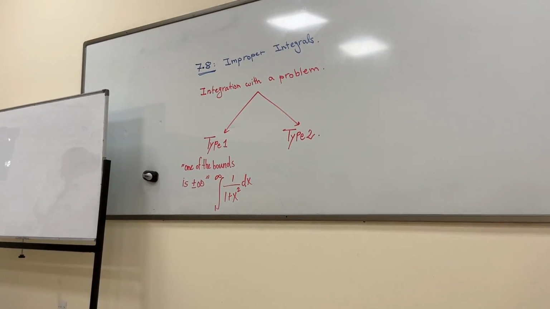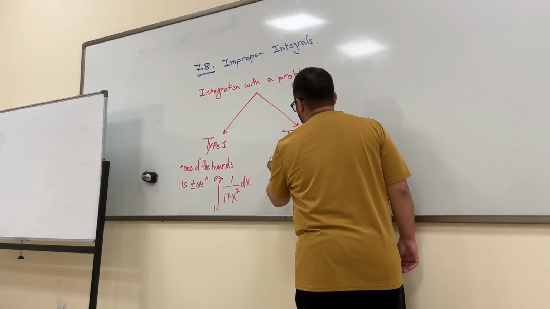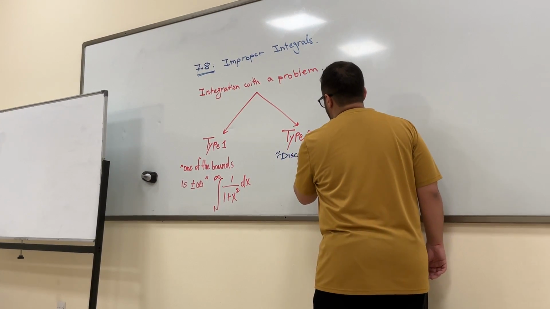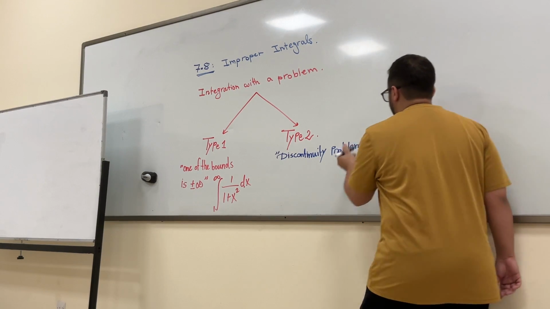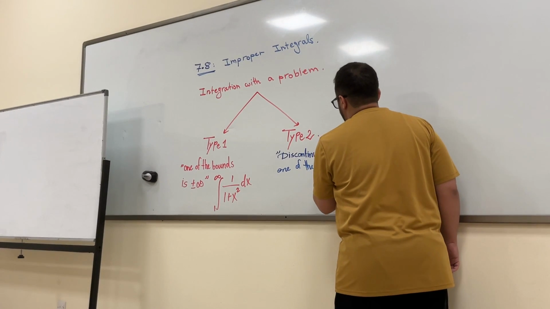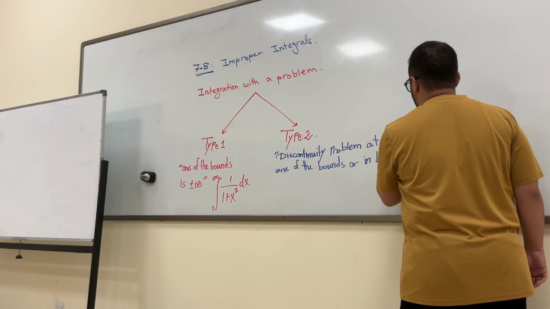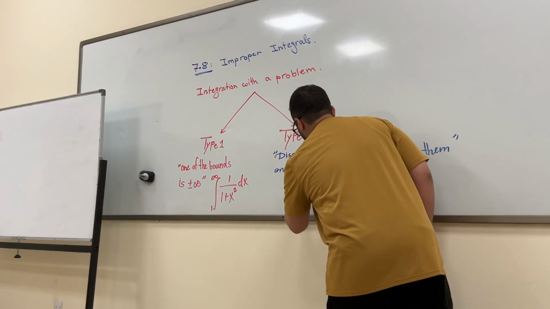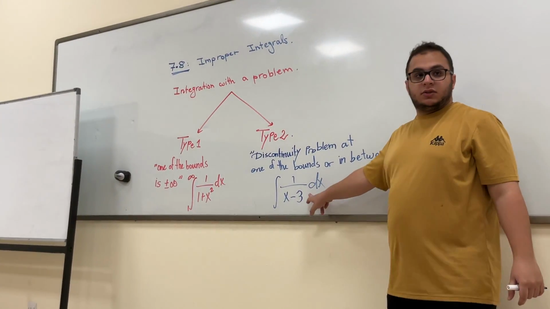Okay? And then we have type 2, which has a discontinuity problem at one of the bounds or in between. What does that mean? If I have integration 1 over x minus 3 dx, where is this function discontinuous?